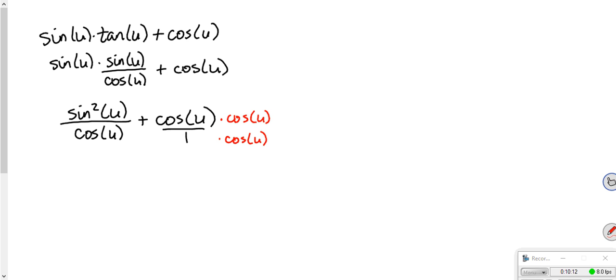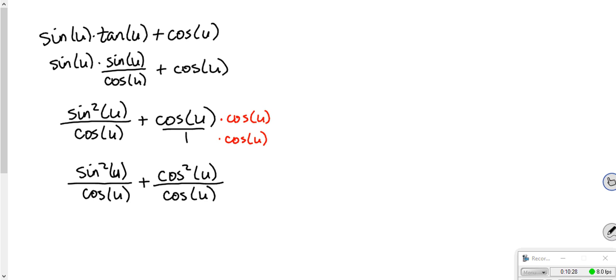If I do that, then I'm going to have sine squared u over cosine u plus cosine squared u over cosine u. Okay? All we're doing here is playing algebra with trig functions. That's all we're doing. Now, we've got common denominators, so I can combine the numerators.